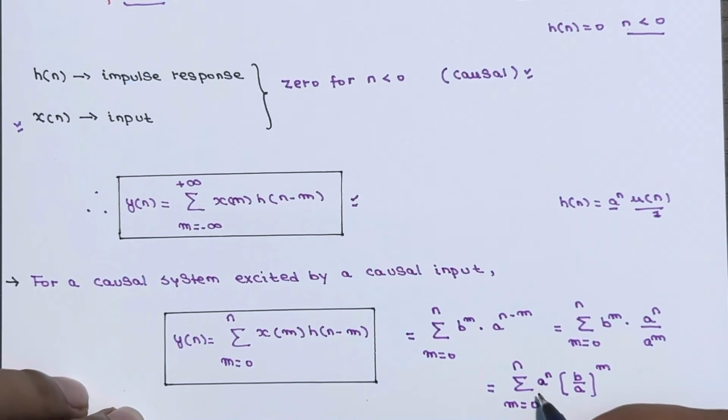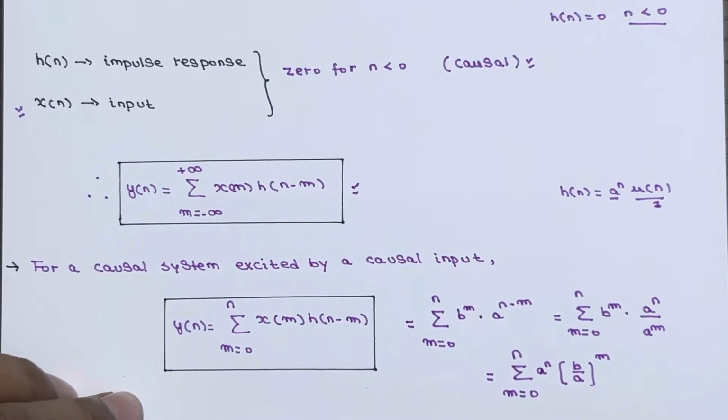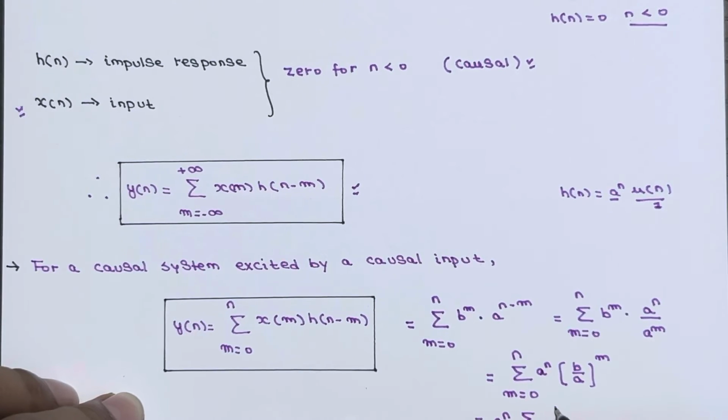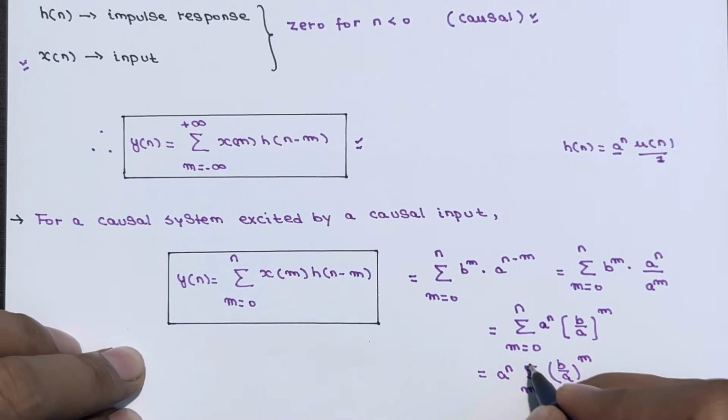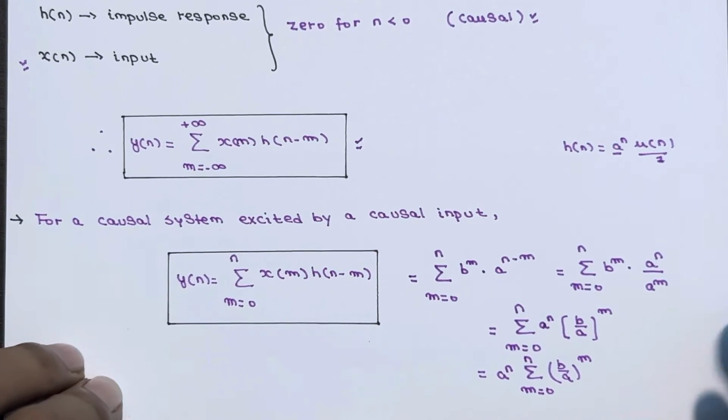Now if you see this, the summation variable here is m, so the summation depends upon m. So keep a to the power n outside, and then the summation of (b by a) to the power m, where m starts from 0 to n. I hope this much is clear to you.